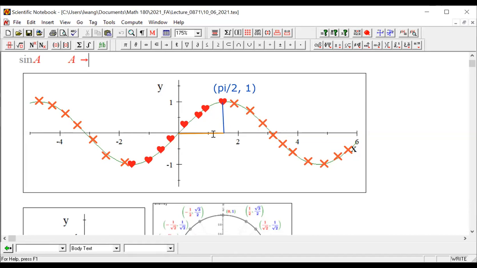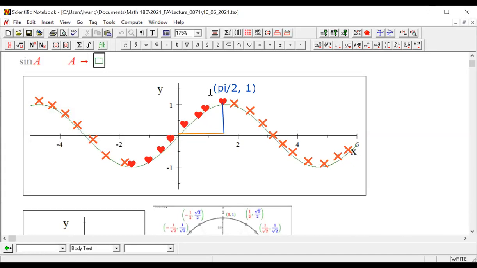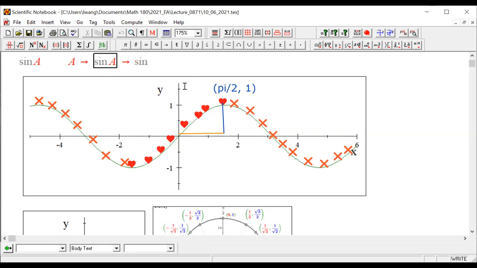The orange arc length, remember we did that? The orange arc length, right? That's the input. And then the sine function, after the sine function comes out, what do we get? We get a ratio.